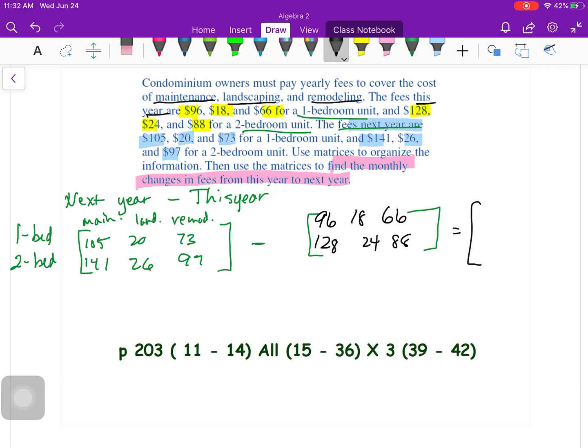And this sets up how I'm going to compute it. So now when I do that subtraction, I should get 9, 2, 7, 13, 2, and 9.